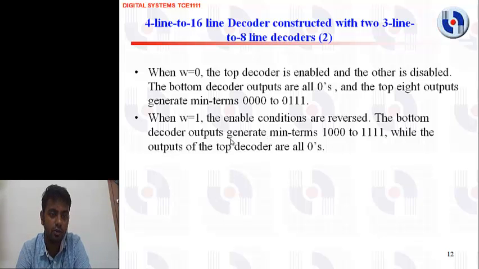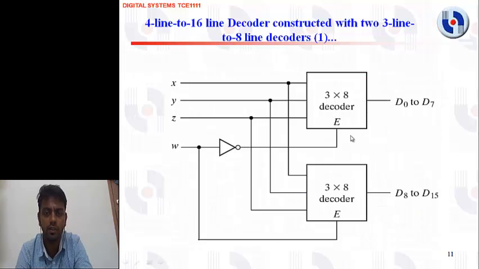The bottom decoder output generates the minterms 1000 to 1111, while the outputs of the top decoder are all zeros, because we are disabling the first decoder here by using this NOR gate.